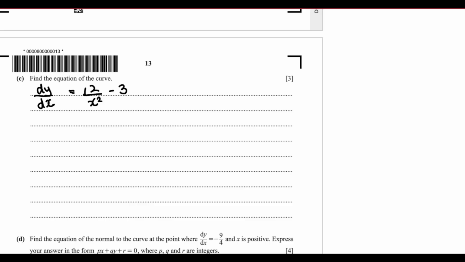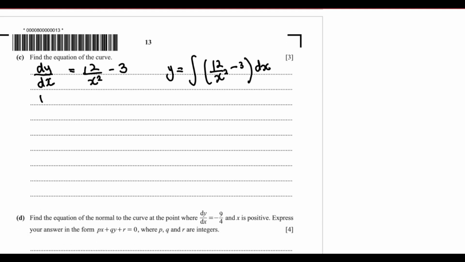So I just need to integrate that. Okay, we can split it up between the minus.